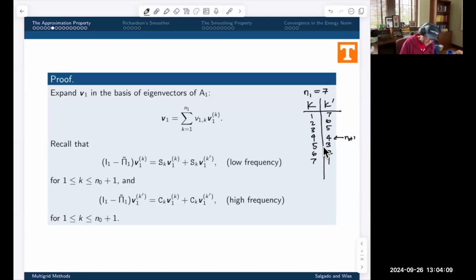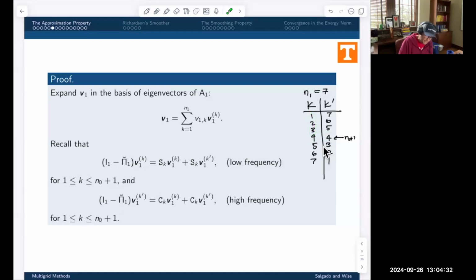So we agreed that these vectors here were all high frequency. And 4 sits on the fence. You can label it as high frequency or low frequency. I think just to choose, we decided to make this one high frequency. And then these vectors are low frequency.